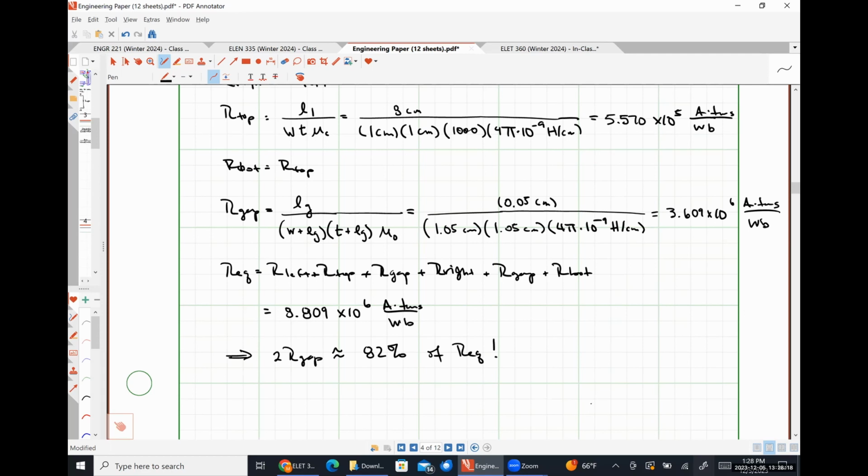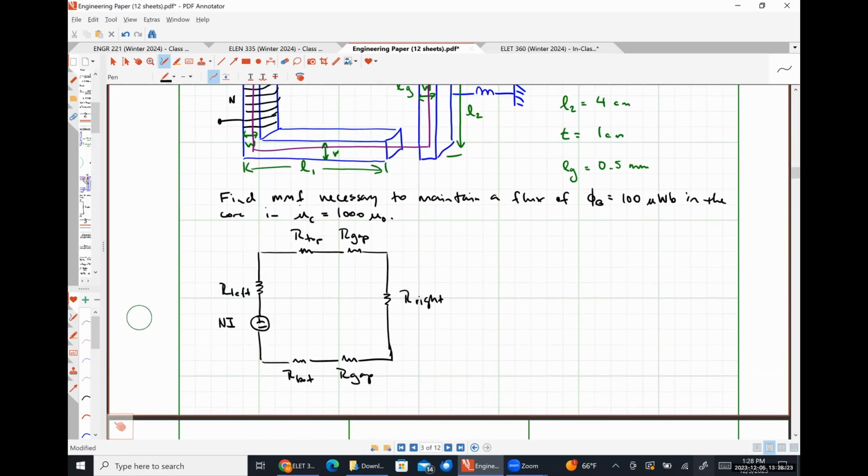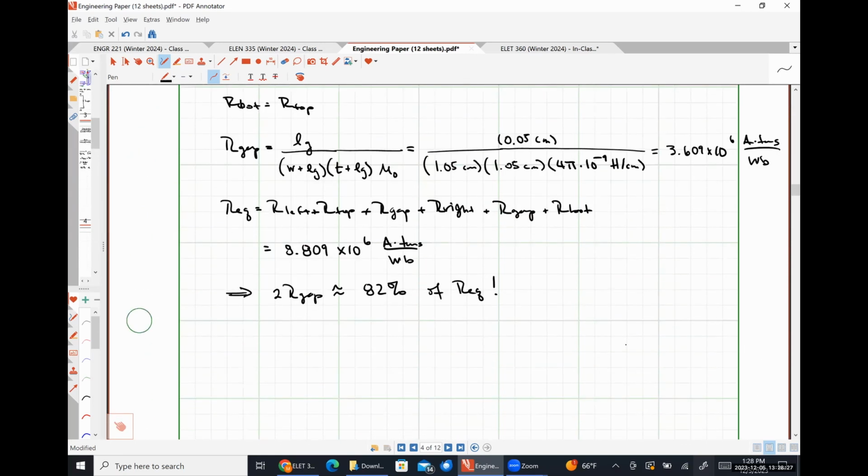So just to circle back around to things, we were asked to find MMF. We found our equivalent reluctance. What do we need to do now? So going way back to the beginning of the lecture, our magnetomotive force, MMF, is equal to flux times equivalent reluctance.